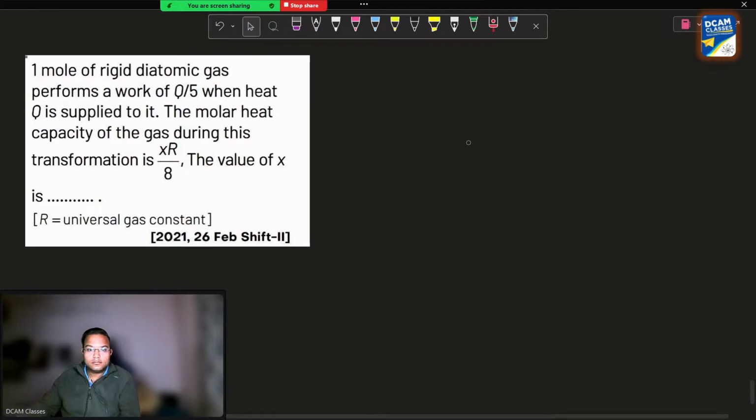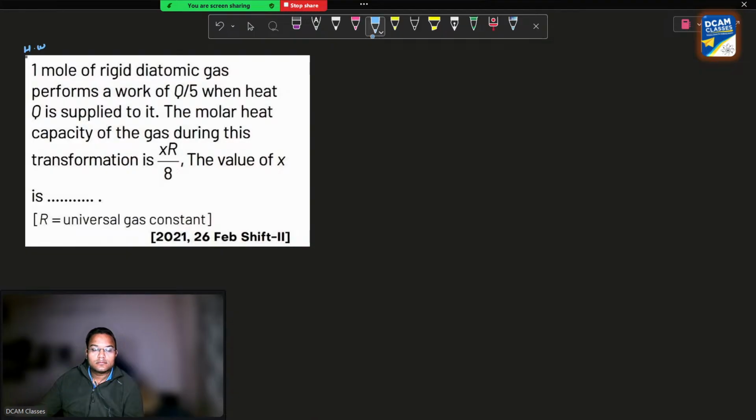Sir, 5. 25, they're saying. Or let me solve it quickly. See, rigid diatomic gas is there. Delta Q is equal to delta U plus delta W. Work is Q by 5.